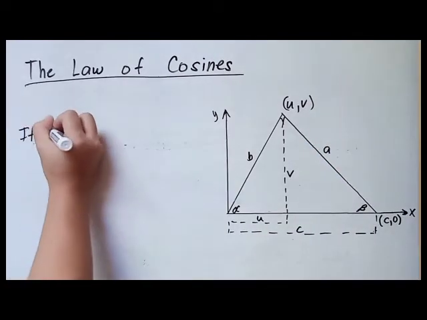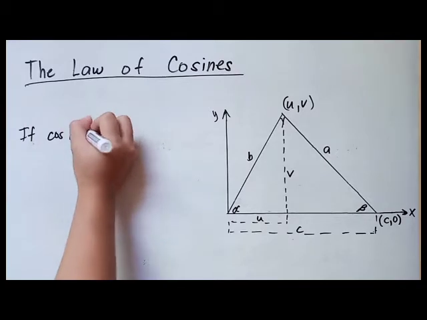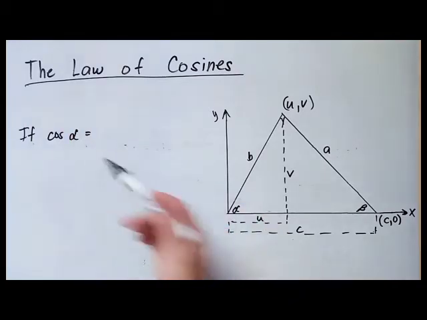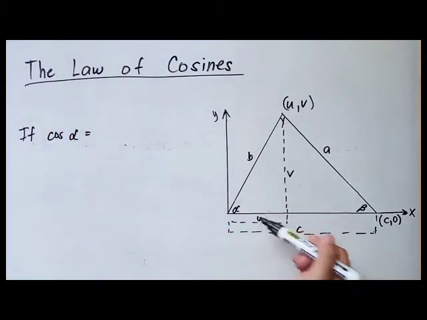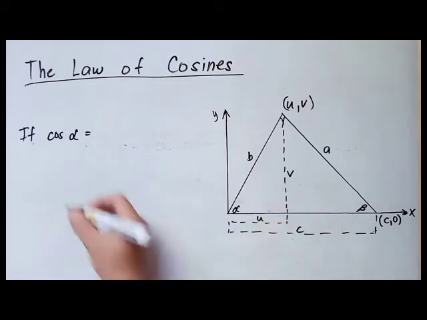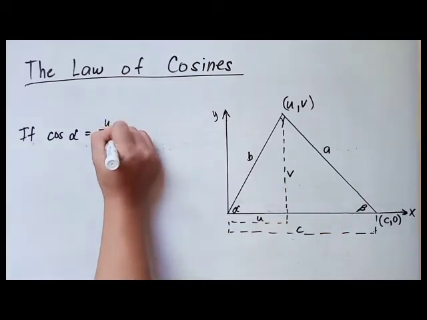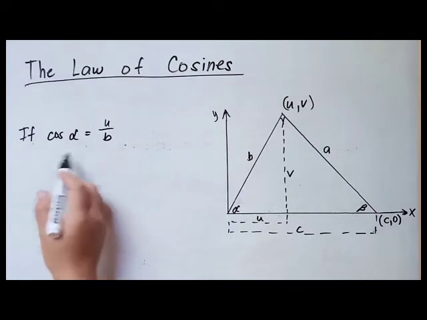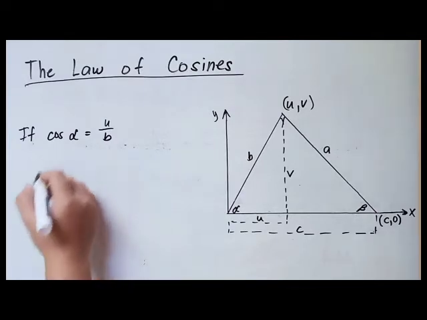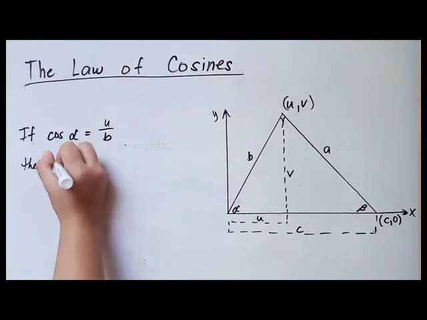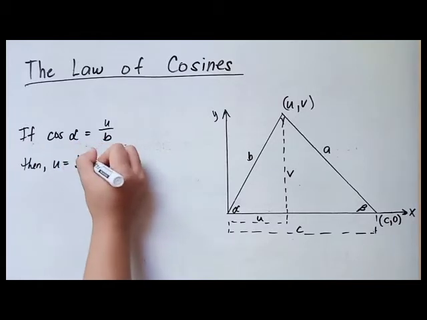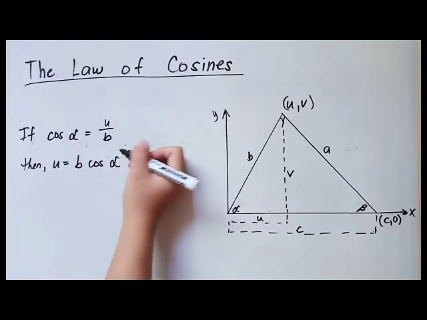If cosine alpha, we know that it is equal to the adjacent over hypotenuse, so that is u over b. And if cosine alpha is equal to u over b, then u is equal to b cosine alpha.